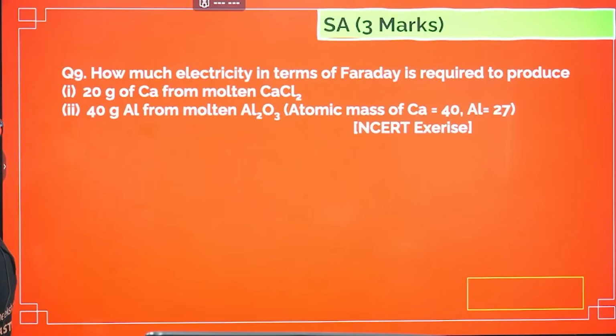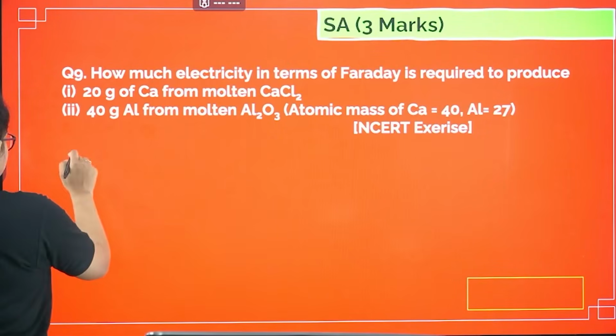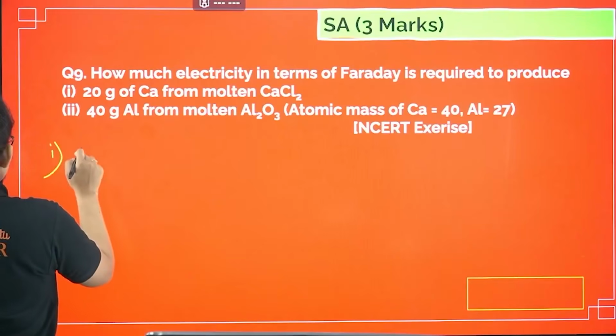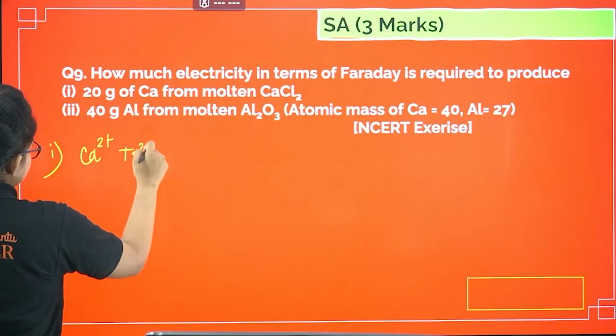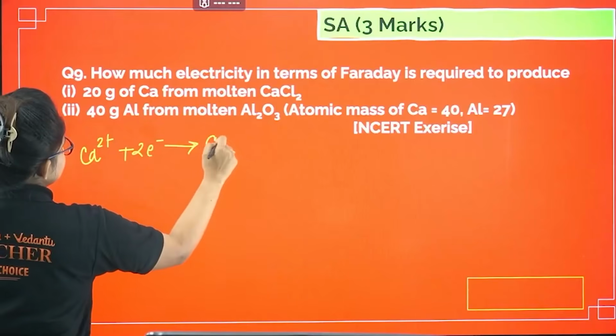Let's proceed further. How much electricity in terms of Faraday is required to produce 20 gram of calcium from molten calcium chloride? Fine. First, calcium 2+ in the molten state takes up 2 electrons to give you calcium.